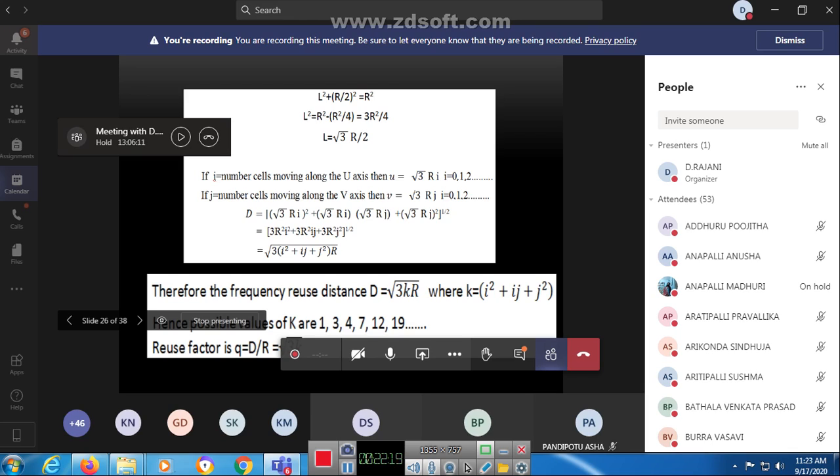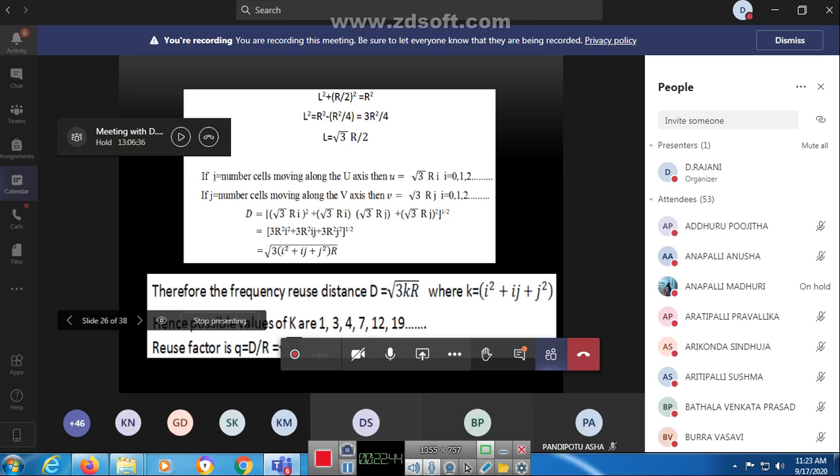So d is represented by u square and v square, plus u into v, meaning square root of 3 ri into rj. Simplifying this, we get the square root of 3 into (i square plus ij plus j square) into r.